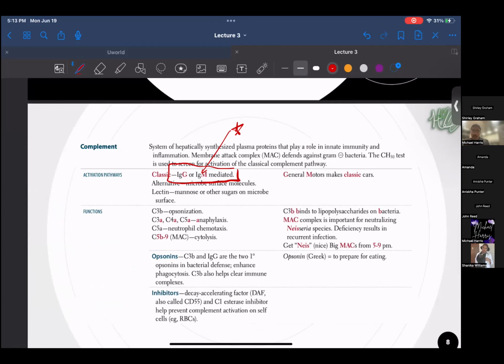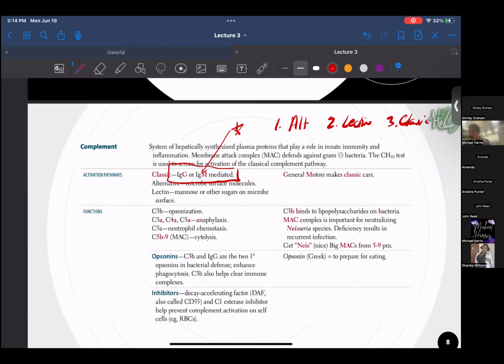If you've already watched the video, I want to see. Yes, there's an alternative pathway. What else? Because there are 3 of them. The lectin pathway, good. And then the classical pathway.